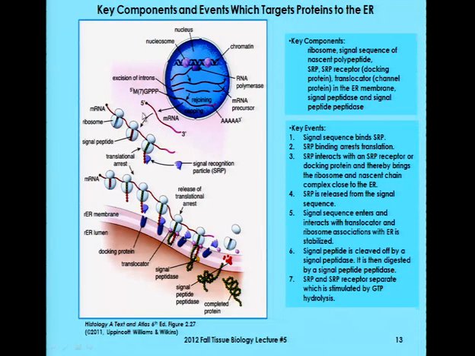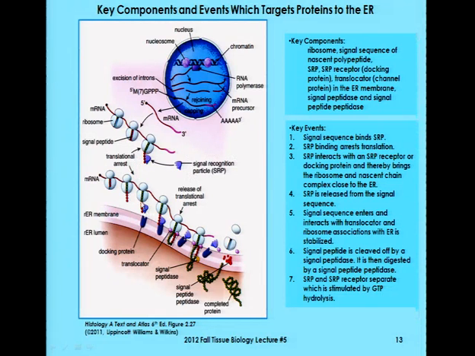The ribosomes associate with the messenger RNA, and translation occurs. As the polypeptide is being synthesized, the signal peptide starts to emerge out of the ribosome. This signal peptide is recognized by a signal recognition particle. This signal recognition particle binds to the signal peptide and arrests translation.